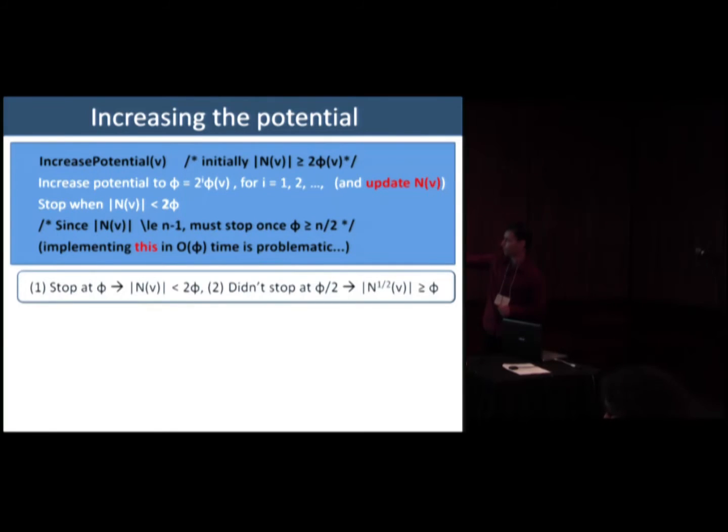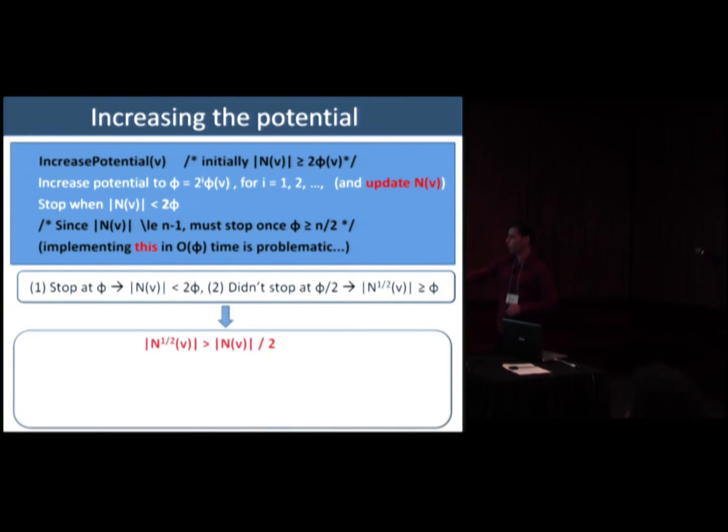And since this test failed, we have an inequality in the other direction. We get a lower bound on the size of the set that we want to maintain. It's a large set relatively to the bigger set, N of V.